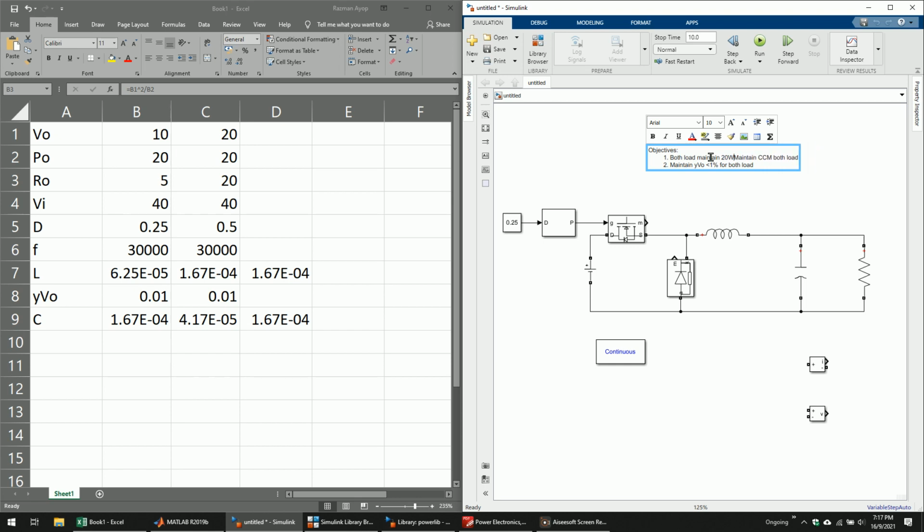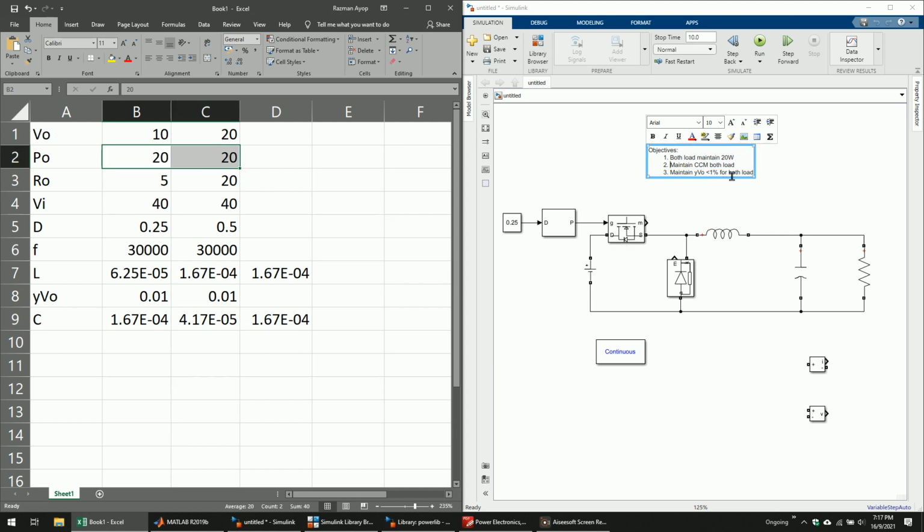Remember, your output power maintains 20 watt.